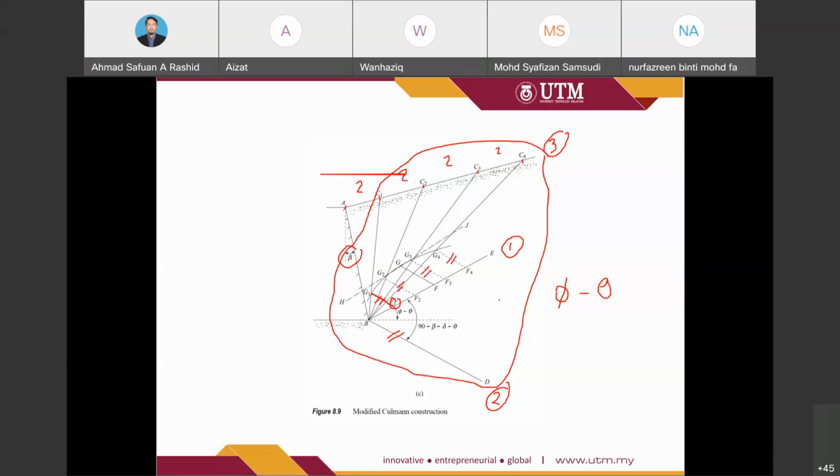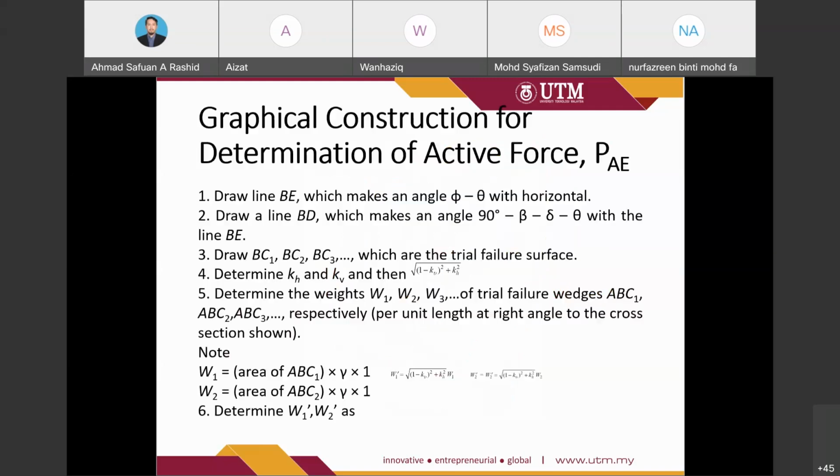So that is for the points G1, G2, G3, and G4.